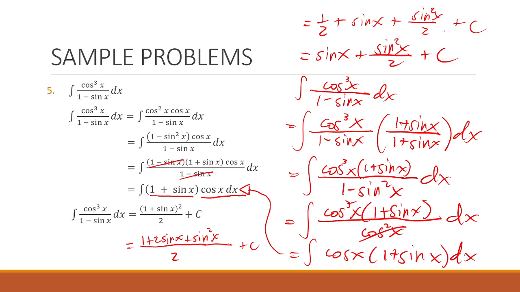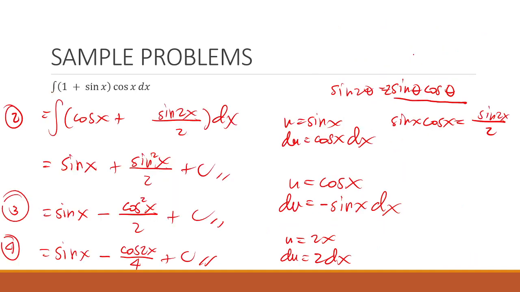Okay? So, what we've done here is we converted itong 1 plus sine x raised to 2 over 2 plus c into this form, sine x plus sine squared x over 2 plus c, which is similar to this one. Tama ba? Okay, so okay na ang dalawa. Na-prove na equivalent sila.